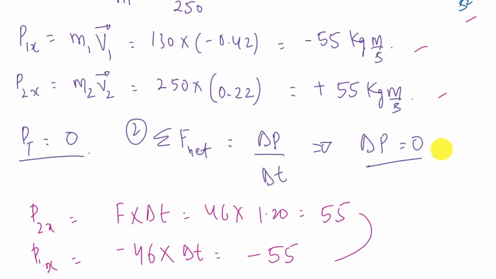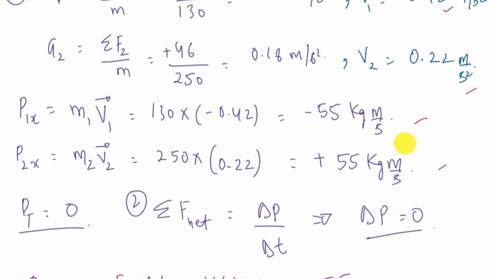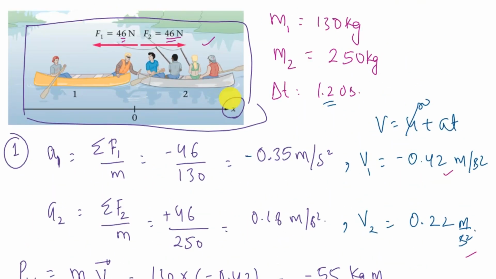Now one question I'm giving to you. Here in this example we see that the momentum is conserved, but is the kinetic energy of the system greater than, less than, or equal to the initial kinetic energy? What I'm saying is, when they were at rest, the kinetic energy was 0.